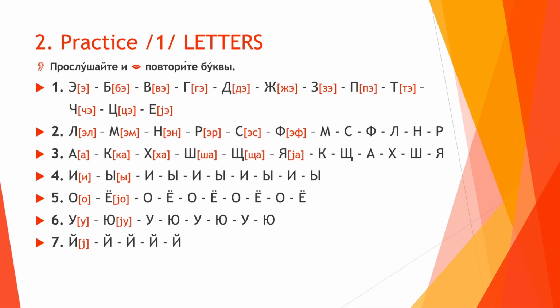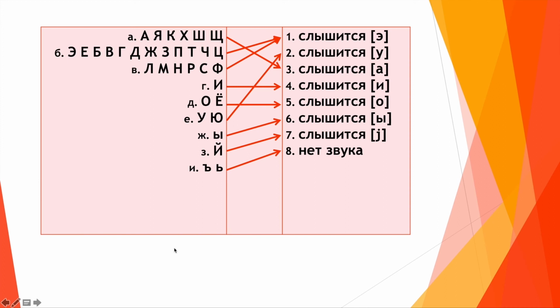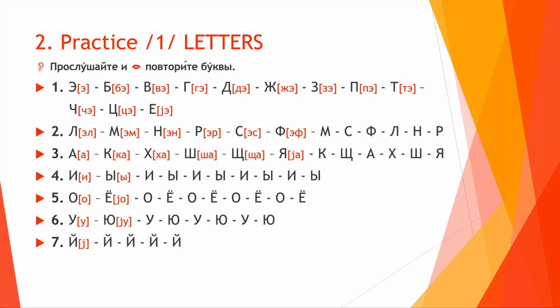U, U, U, U. And the last letter is just Y, Y, Y. You will see that in the word, so it will be pronounced together with other sounds, so it won't be so expressive, it won't be so noticeable.